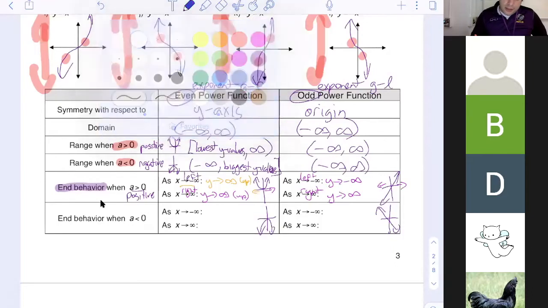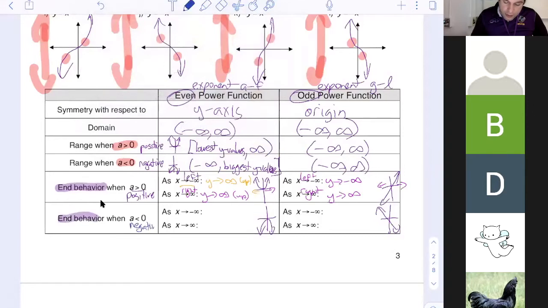All right, so now same thing here, end behavior, but when your a value is negative. So it kind of looks like this. And again, left and right. So as our graph goes to the left, as x goes to the left, our graph goes down. So we say y goes to negative infinity. And as our graph goes to the right, y still goes down. So we say y goes to negative infinity.